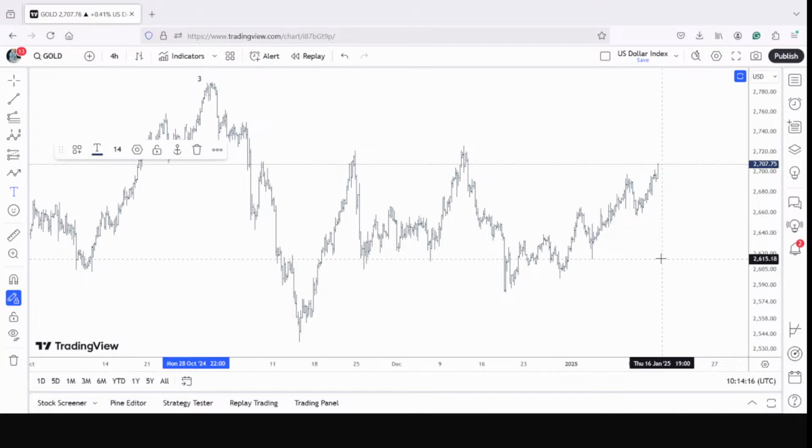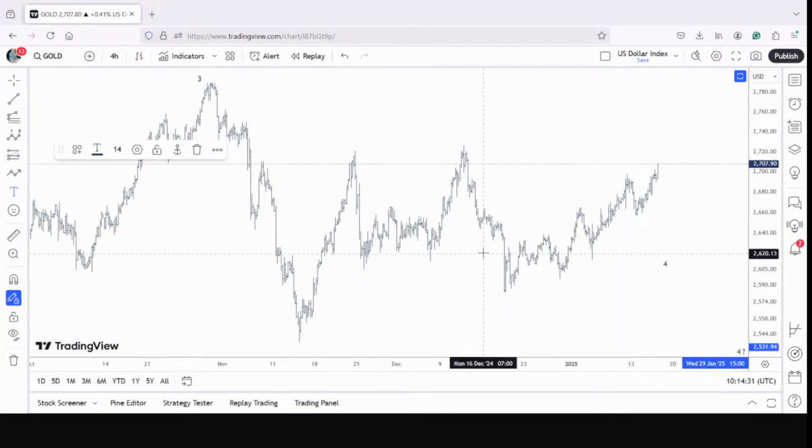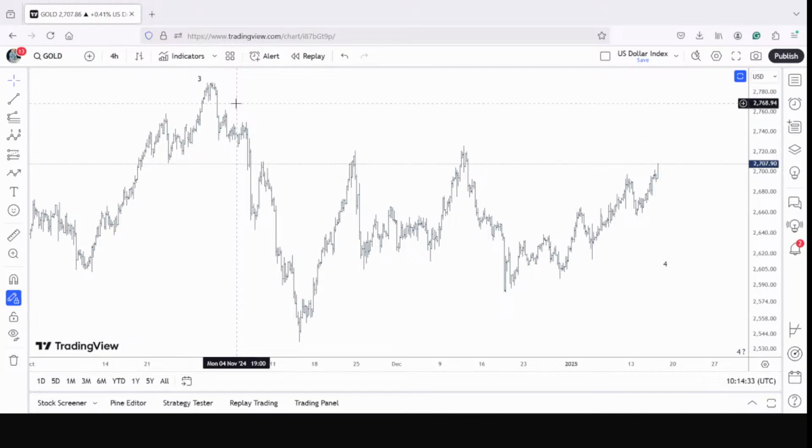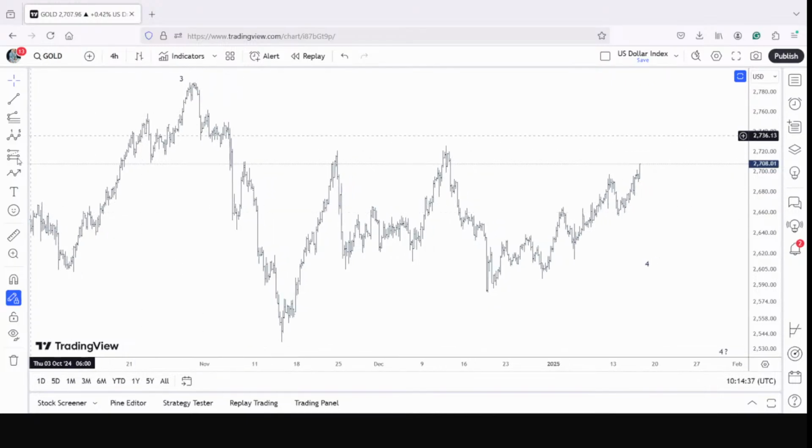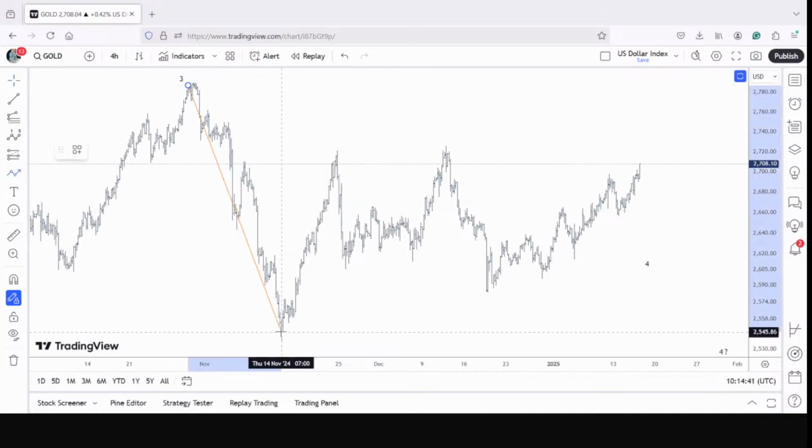Now, if it is going to be a triangle, then wave 4 will complete somewhere around the 2620. If not, we are going lower towards 2500. All right. I'm going to put a question mark there. The reason I'm taking a text, if I take a label, then I have to label all 5.